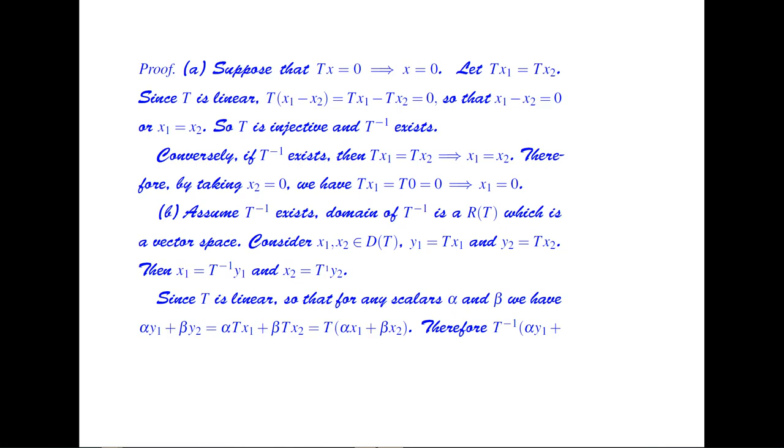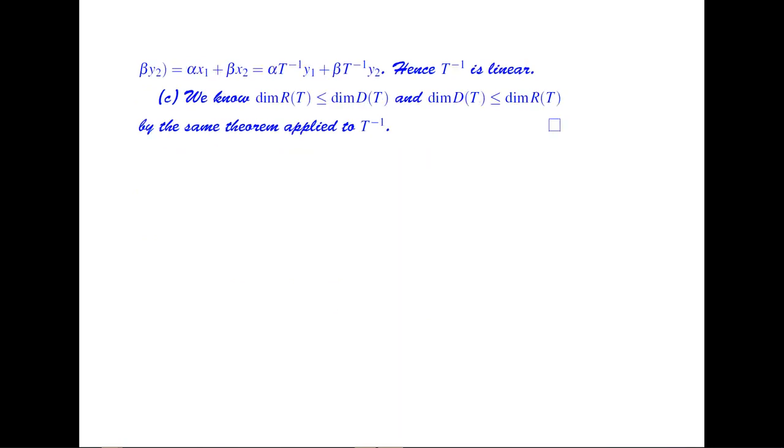Now since T is linear, for any scalars alpha and beta, we have alpha times y1 plus beta times y2 is equal to alpha times T x1 plus beta times T x2, which is equal to T of (alpha x1 plus beta x2), because T is linear. Therefore, T inverse of (alpha y1 plus beta y2) is equal to alpha x1 plus beta x2, which is equal to alpha times T inverse y1 plus beta times T inverse y2, because x1 is T inverse of y1 and x2 is T inverse of y2. So hence we get the result. So T inverse is linear.